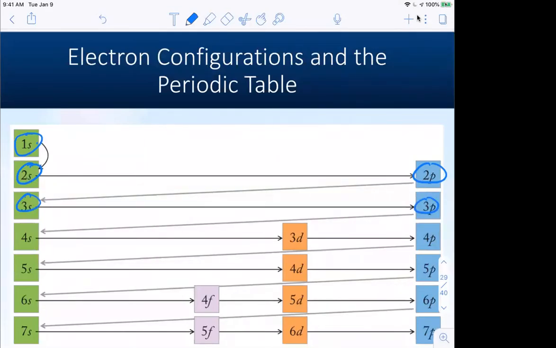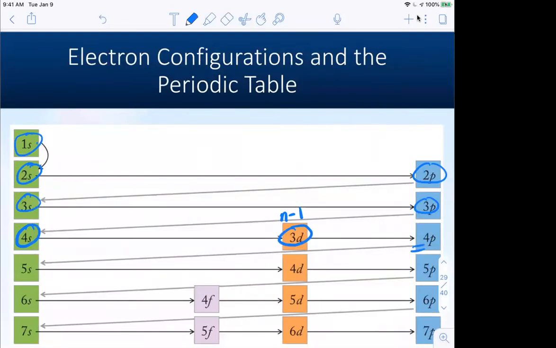If you follow along this diagram on the periodic table, you're going to notice that this follows well with the rows and the columns in the periodic table. Once I get to 4s, when I fill those 2 electrons, the next thing is that transition metal block, and I start with n-1, which would be 4 minus 1, so that gives me the 3. Then I go back up to 4 to fill 4p.